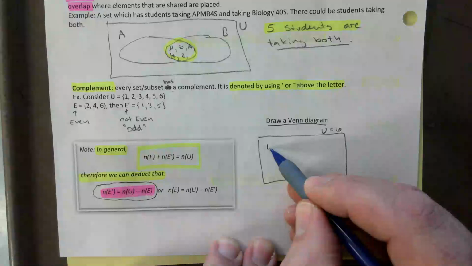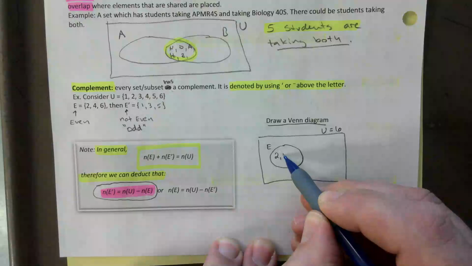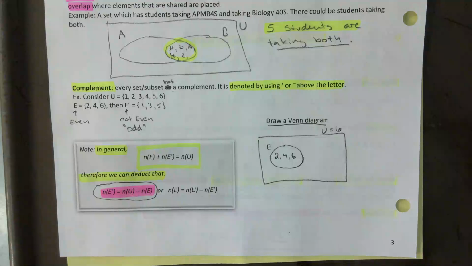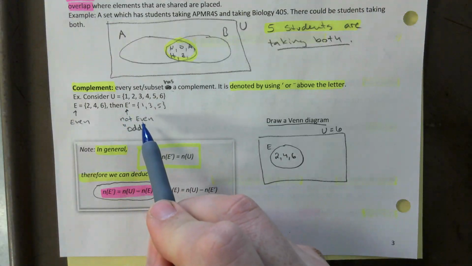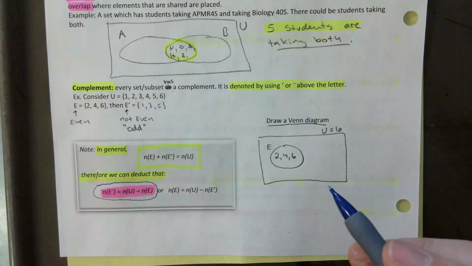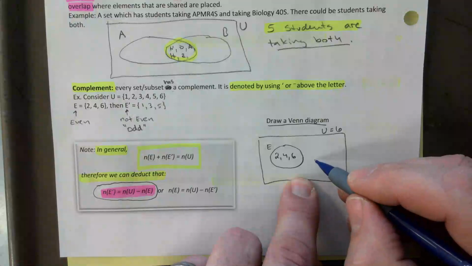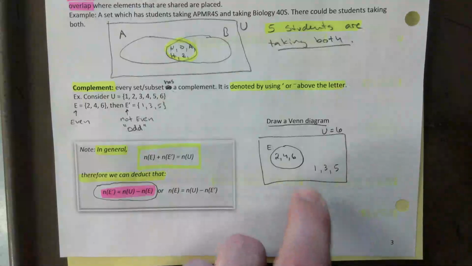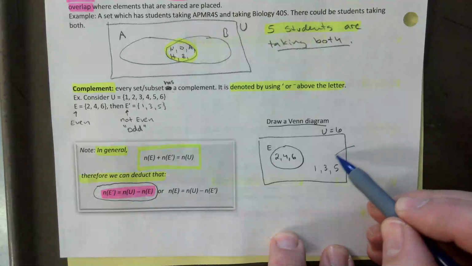So E gets a little oval like this, and we put the elements that are inside of E. And here you have to be careful. Not E is not a set, it's just everything that isn't in there, right? We wrote it as a set, but in a Venn diagram, you would just have them kind of like outliers. So these are outliers.